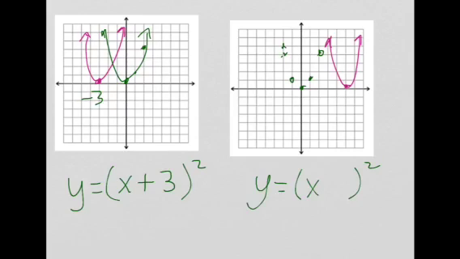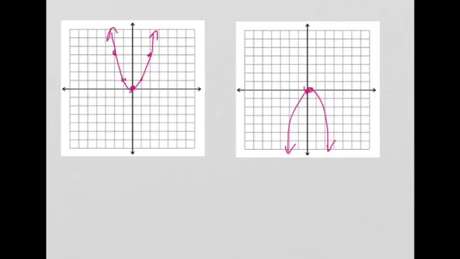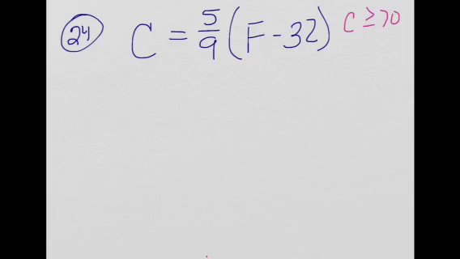And what we're looking at is it has moved 1, 2, 3, 4, 5 to the right, which means there's going to be a negative sign inside there. All right, this is our parent function, so it's going to be y is equal to x squared. And notice our parent function, but all that's happened to it is it's flipped over. So it's going to be -1 times x squared.